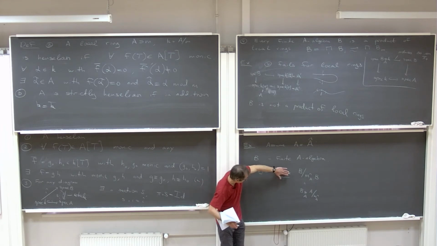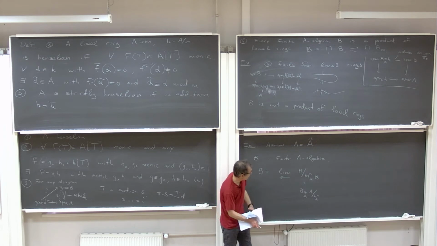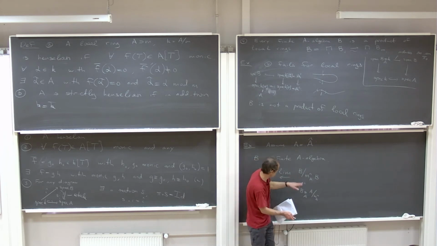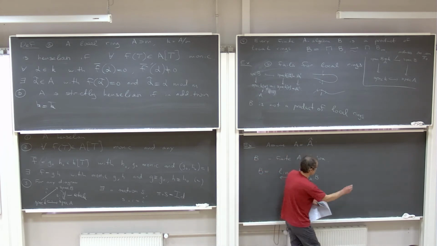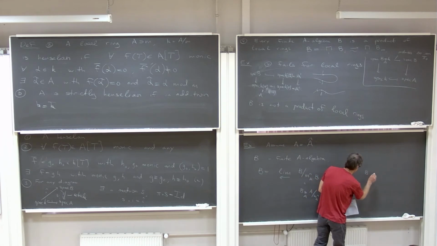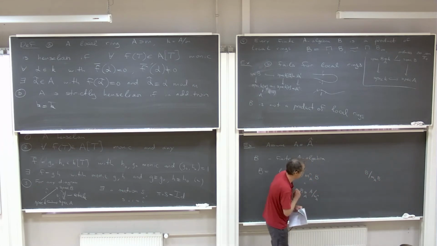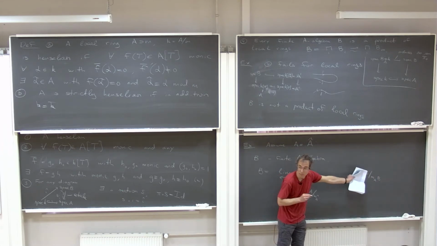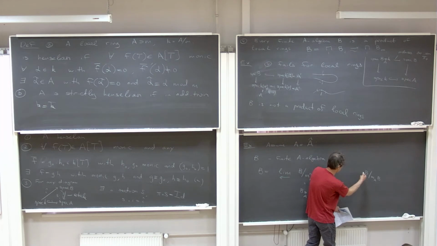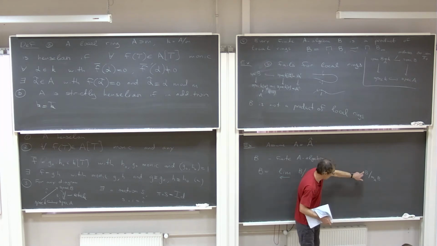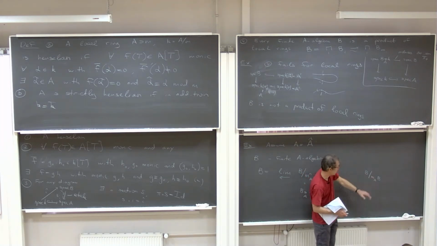And so now, these guys are infinitesimal thickenings. So you have B mod the maximal ideal of B. This is a finite dimensional algebra over K. And so maximal ideals in B again correspond to maximal ideals here.